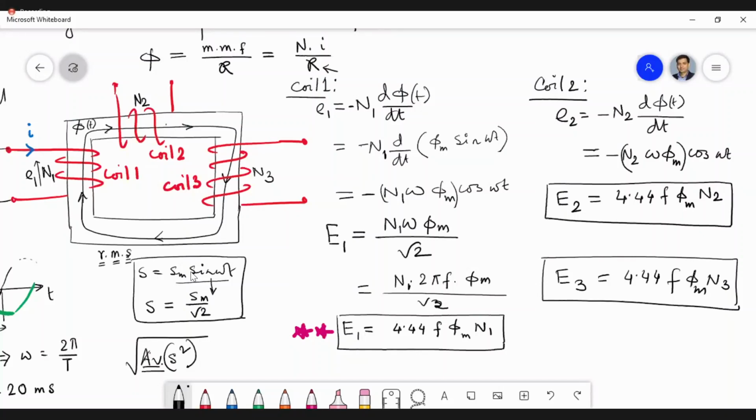If we have more than one coil, then we can call it a transformer. If we have two coils, we call it a two winding transformer. If we have three coils, we call it a three winding transformer.